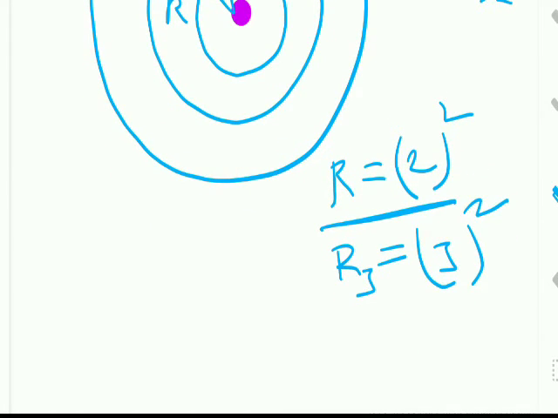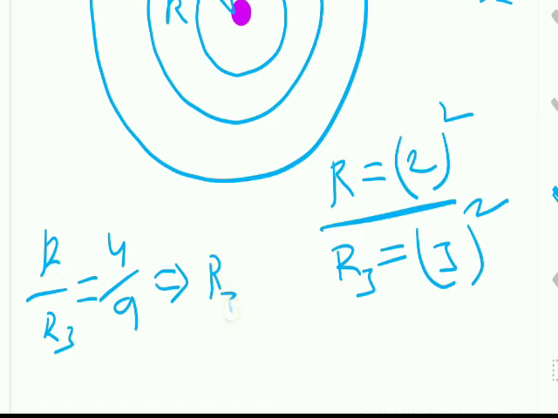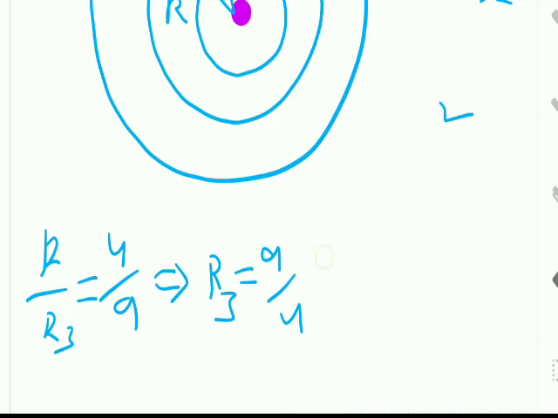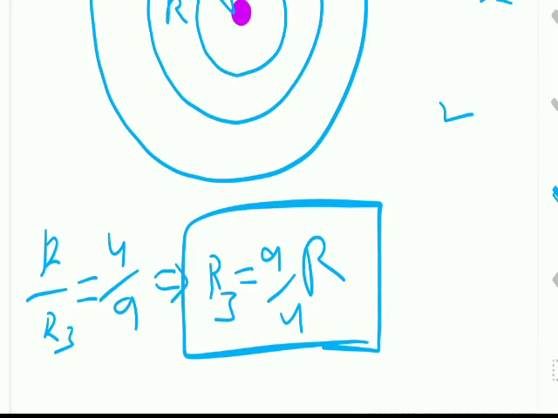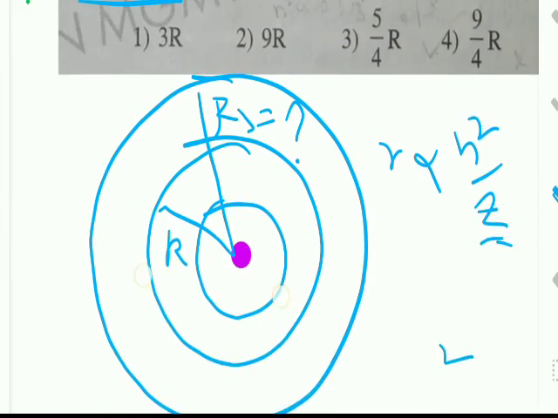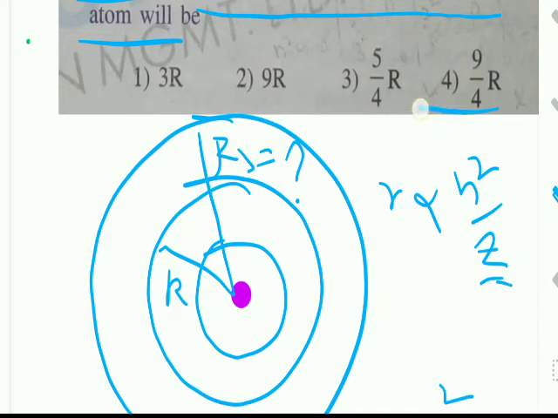Then R by R3 is equal to 4 by 9, so R3 is equal to 9 by 4 into R. So this is our answer. Third orbit radius is 9 by 4 R. Option 4 is the right answer.